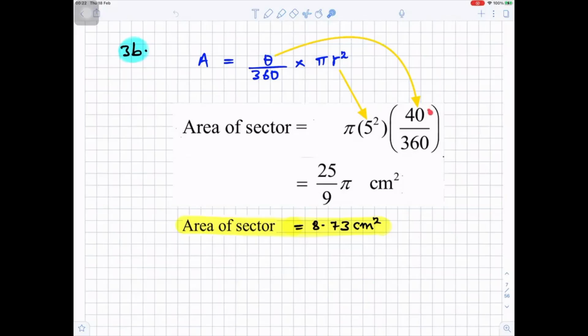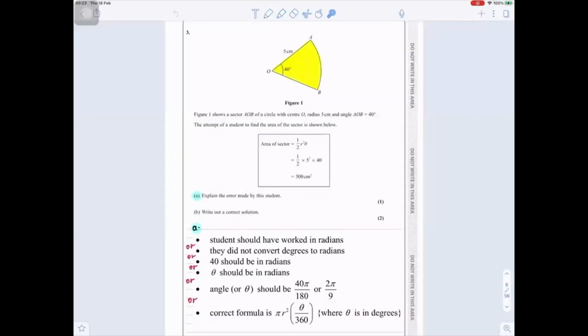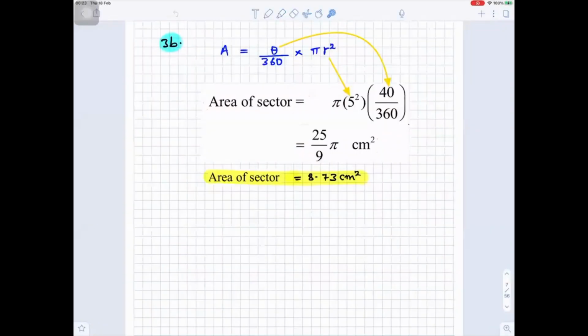The angle is 40 divided by 360 times radius 5 squared times pi. That gives you 25 over 9 pi centimeters squared, which would give you 8.73 centimeters squared. That's question 3 and the answer to question 3a and the answer to question 3b.